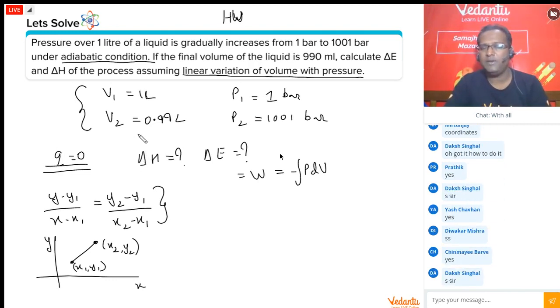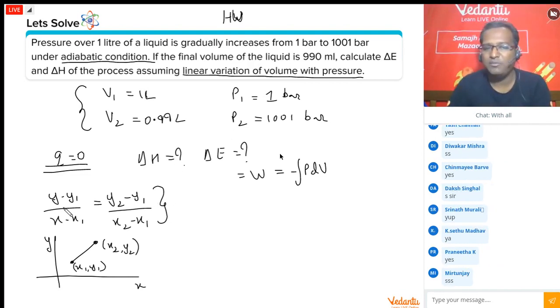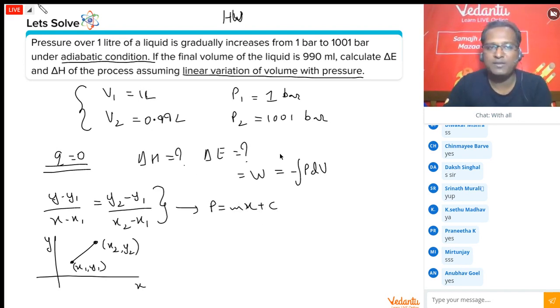P1 V1, P2 V2, that is Y1 X1, Y2 X2. So that will give me P versus V. So from here I get P equal to mx plus c, suppose a straight line equation. P equal to mV plus c, not mx.